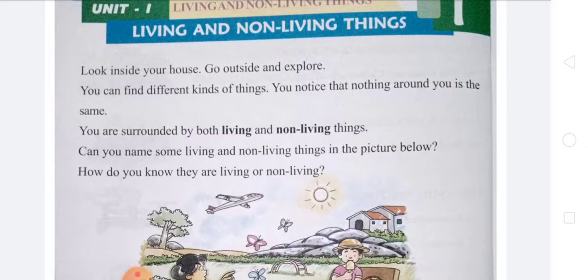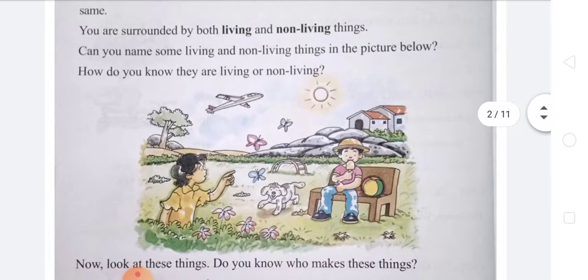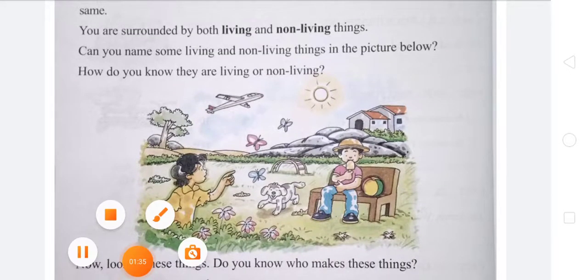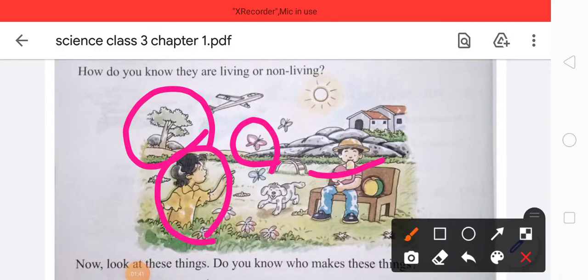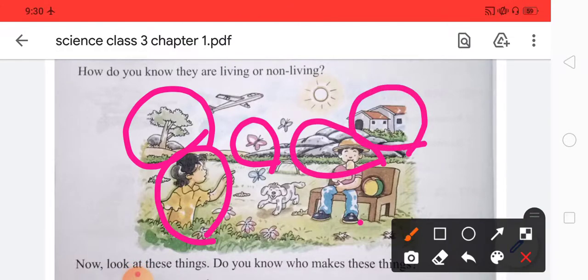If we go outside, you can see things like the aeroplane, the sun, the child, the butterfly, the tree, the mountains, the houses, the ball, the dog. Anything you can see is a living or non-living thing.